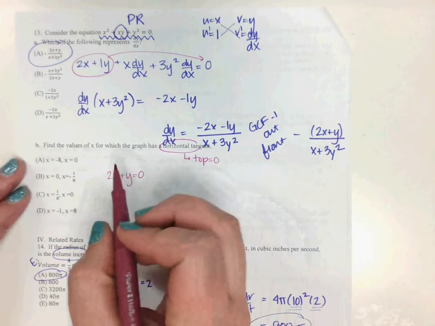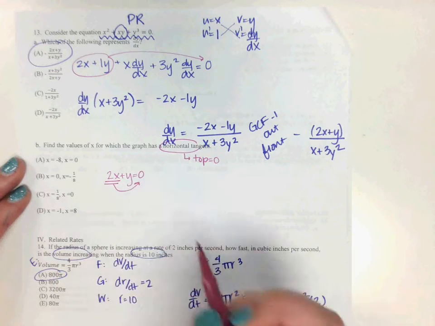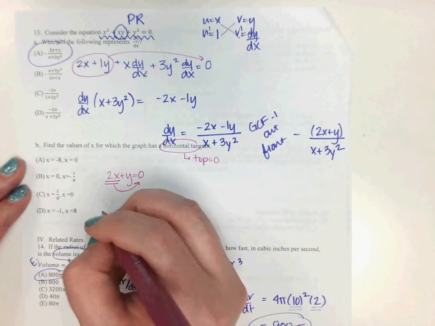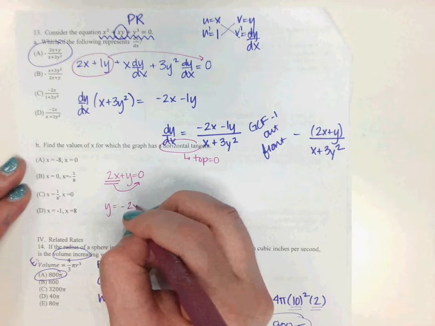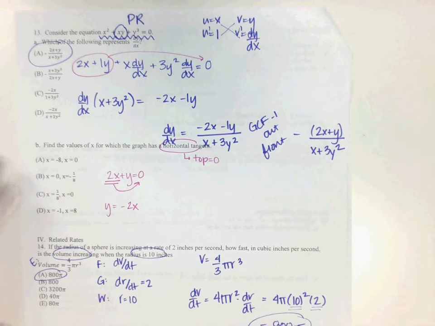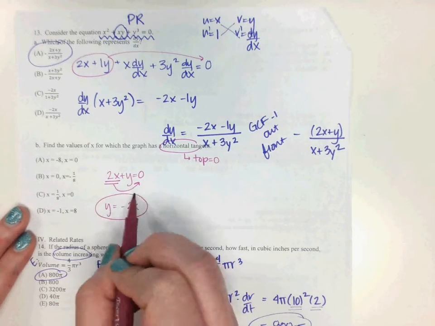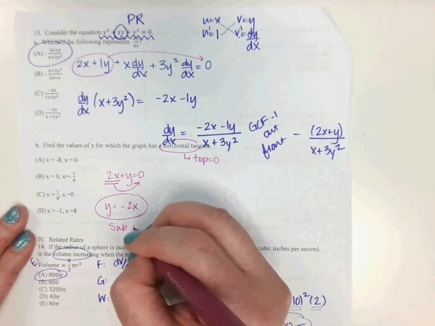I would probably solve for y because I don't want to have a half in it. So my y is going to equal a negative 2x. Now keep in mind that if you had solved backwards, that's fine. You're just going to have a 1/2. Okay, from here, where do I sub into the original?